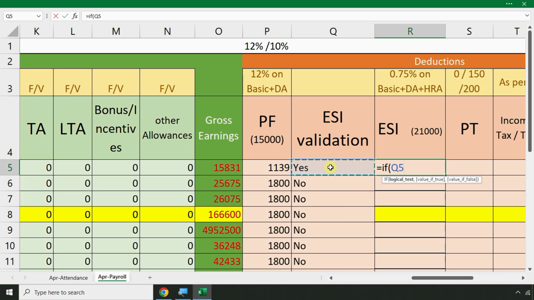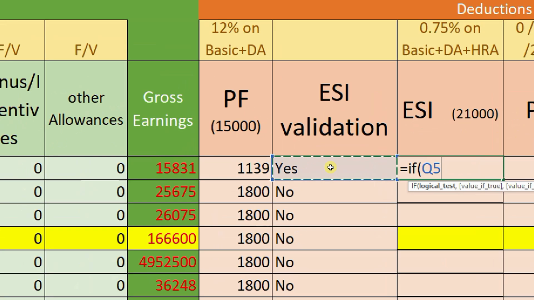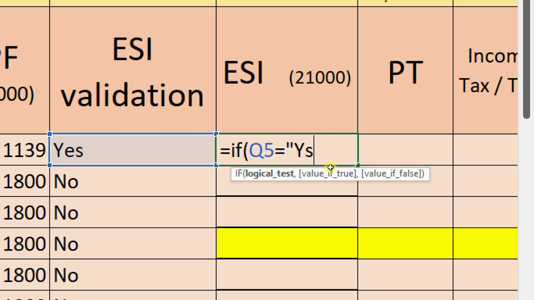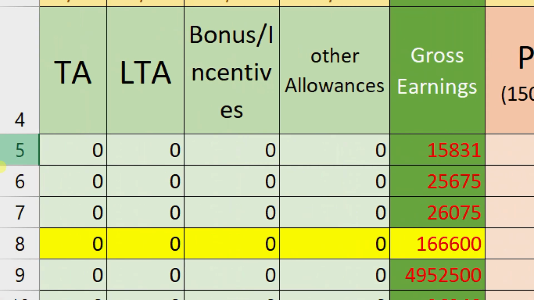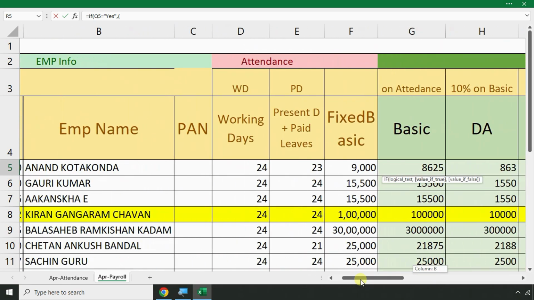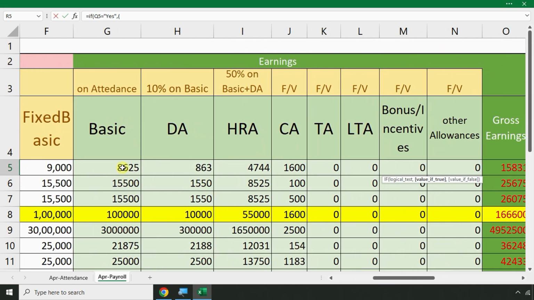So if Q5 equals yes, open bracket, and what amount? Basic plus DA plus HRA.